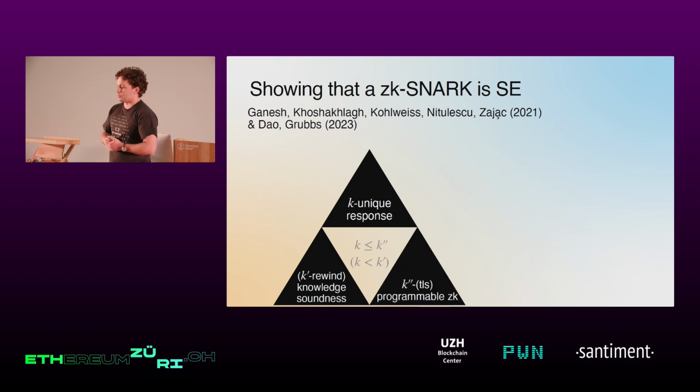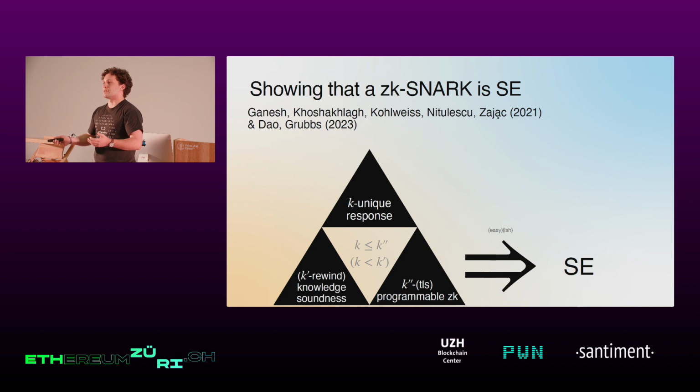The last property is programmable zero knowledge, which in the trusted setup case should also be trapdoorless. And there are some mild conditions on when these properties occur in your proof system. What these people show is that this implies simulation extractability, this stronger knowledge extractability guarantee.